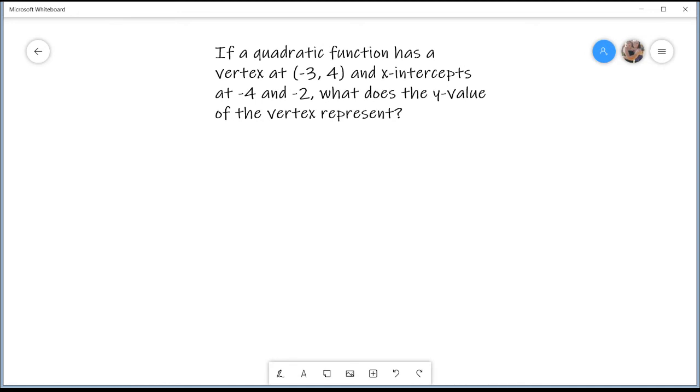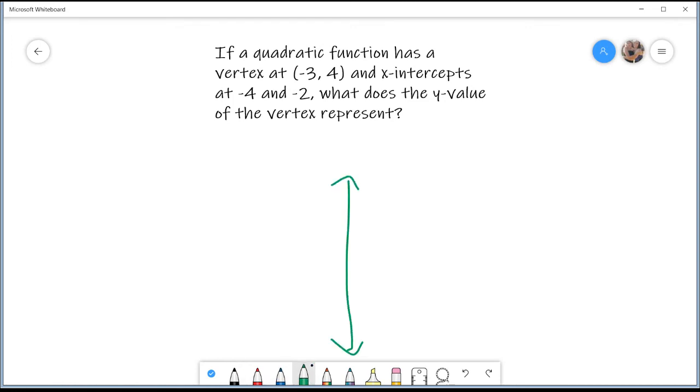So if we are thinking about a coordinate graph, I'm going to draw mine kind of sloppy, but that's because we're just trying to visualize what this looks like. It says our vertex is at (-3, 4).